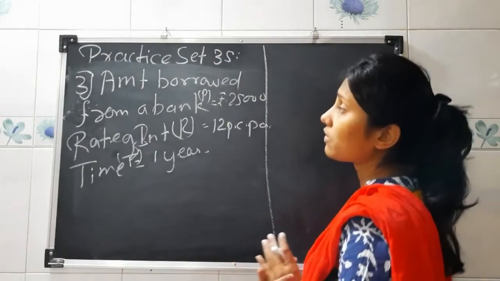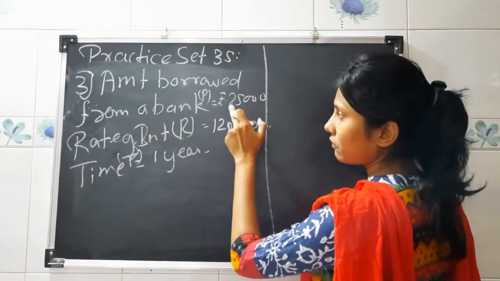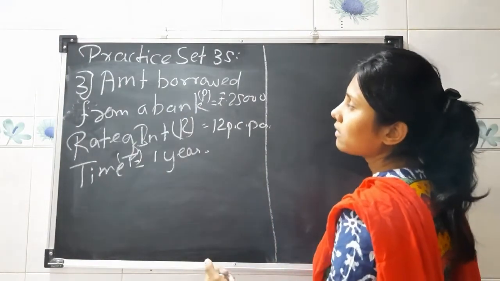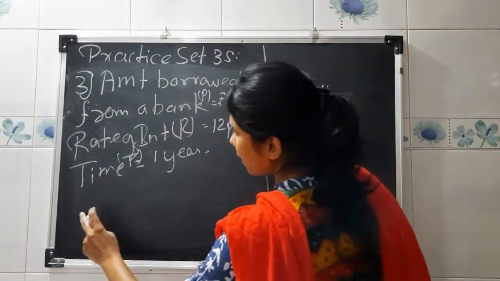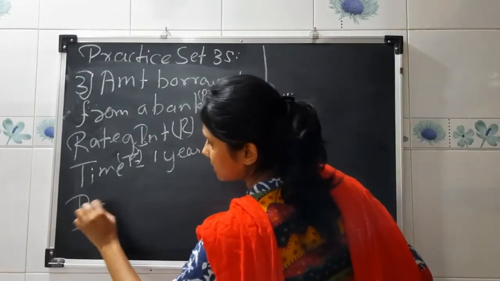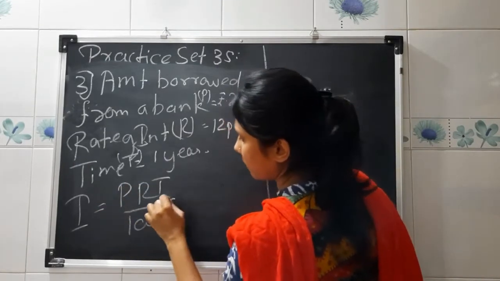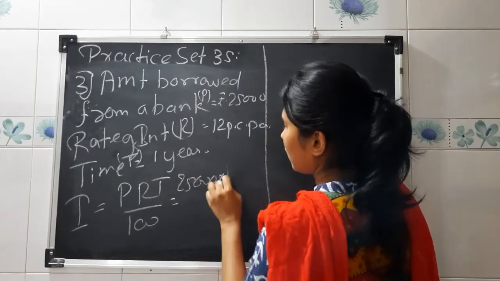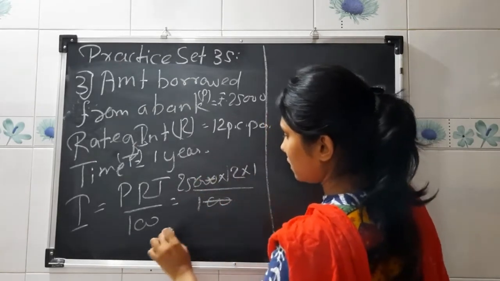He will return the amount which he had borrowed from the bank along with the interest which the bank will charge on this 25,000, according to the given rate of interest, 12% per annum. So first we have to find out the interest. I is equal to PRT upon 100. 25,000 into 12 into 1 upon 100. 0 0 cut.